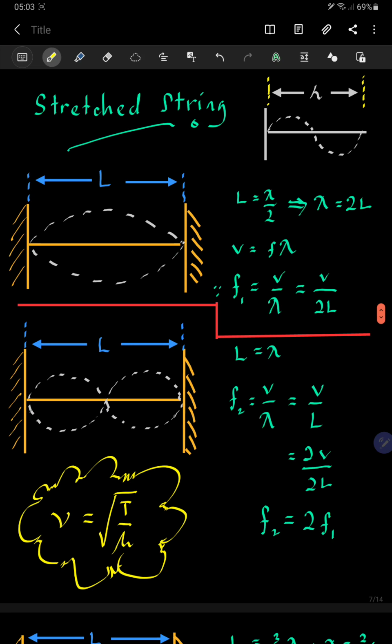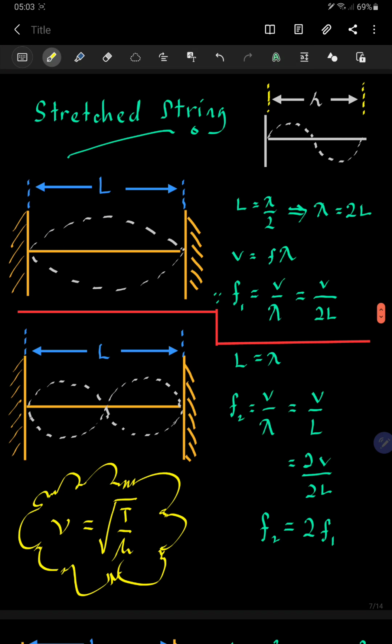There is a string fixed at 2 ends. So for the first mode, or the first frequency, how do we get the equation? What do we have now? 2 nodes and 1 antinode, isn't it? In this case, remember this is 1 lambda, so L here represents half lambda, just a part of this.